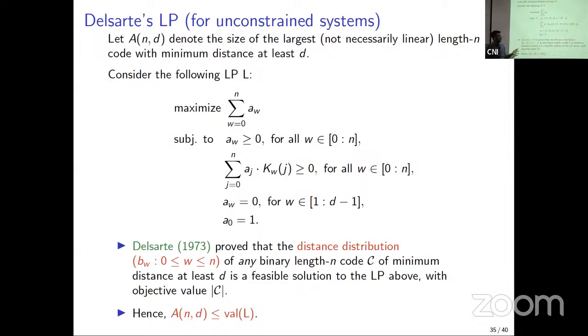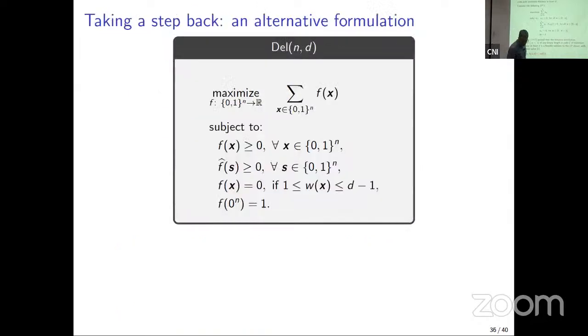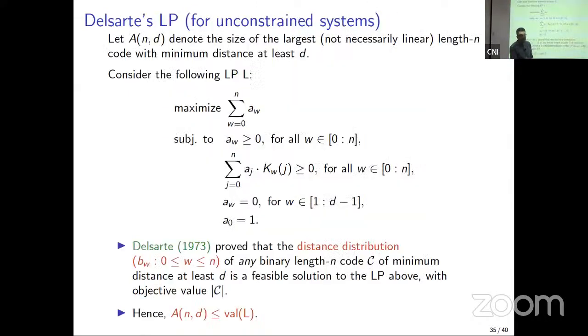So the largest possible code of minimum distance at least d and of block length n is upper bounded by the value of the linear program.